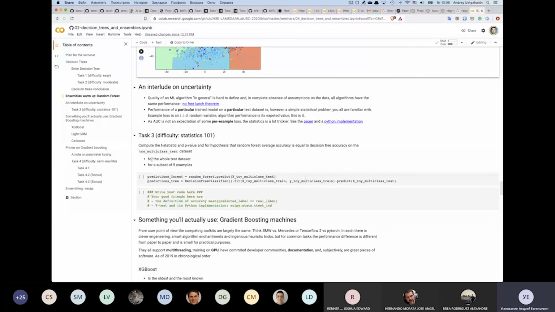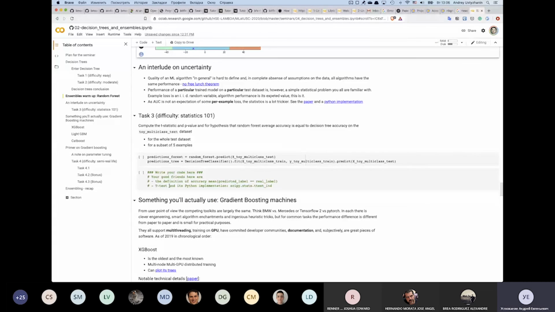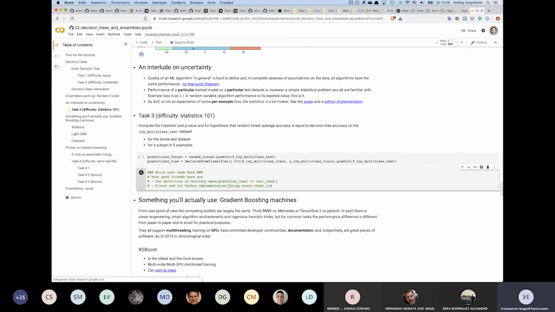And then we want to explore it for two cases: the whole test dataset and a subset of 5 examples. The implementation of t-test statistics can be found at SciPy stats ttest_ind.